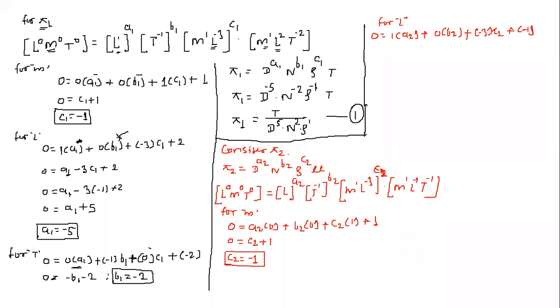Now simplify it. That is 0 is equal to a2 minus 3c2 minus 1.